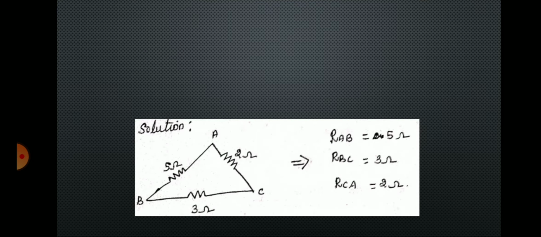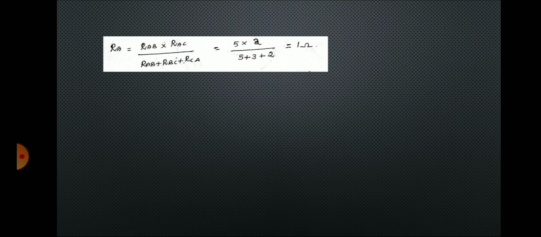First, we convert the 5 ohm, 2 ohm, 3 ohm delta connection into the star connection. So RAB is equal to 5 ohm, RBC is equal to 3 ohm and RCA is equal to 2 ohm. This delta is converted into the star. We know the formula for star connection: RA is equal to RAB into RAC divided by RAB plus RBC plus RCA.